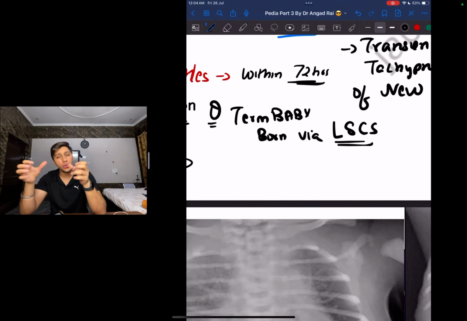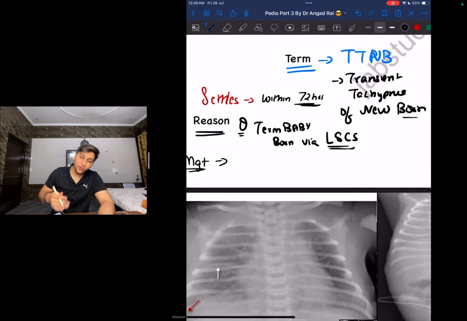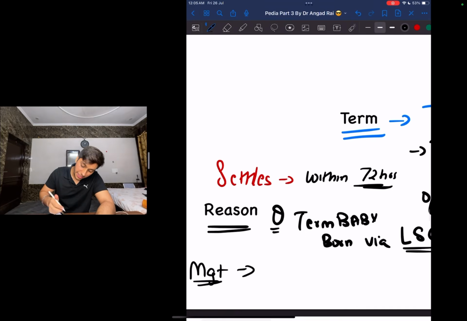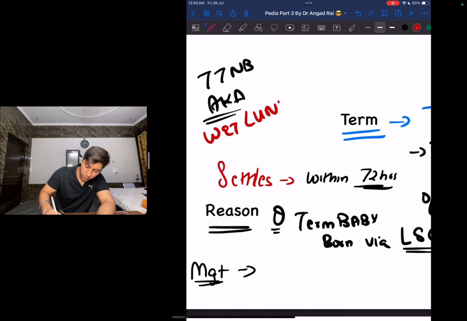Because of this squeezing action, the fluid inside the lungs comes out. But in LSCS there is no such pressure. We are carrying the baby and pulling it out, so there is no such squeezing pressure sometimes. That is why the fluid gets retained in the lungs. That is why TTNB is also known as wet lung syndrome.